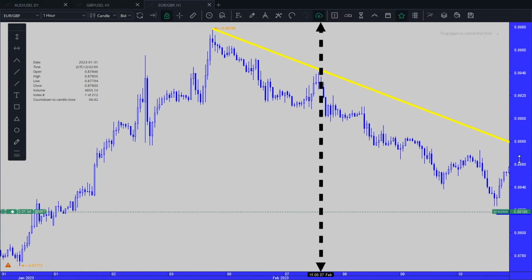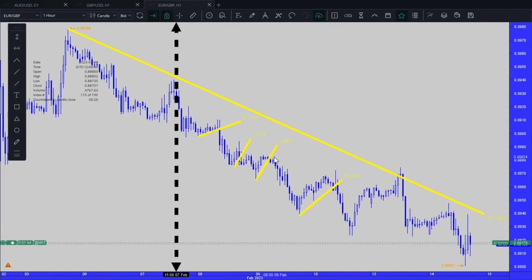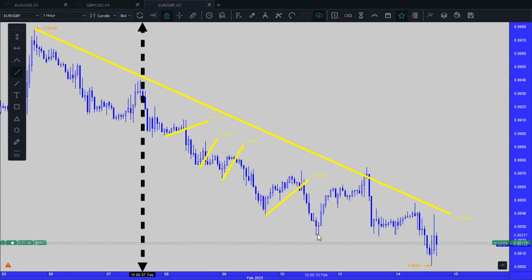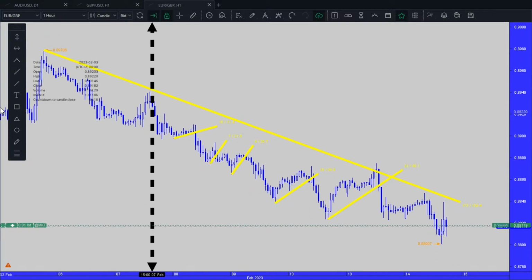So this is how I would enter: on retracements, counter trend line, counter trend line, counter trend line, false breakout in here, pay attention, counter trend line, right?